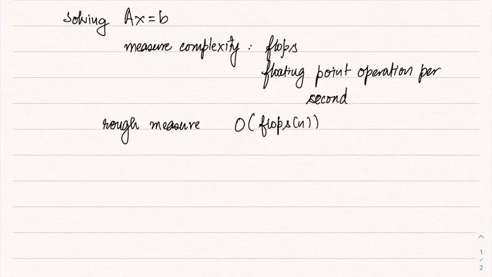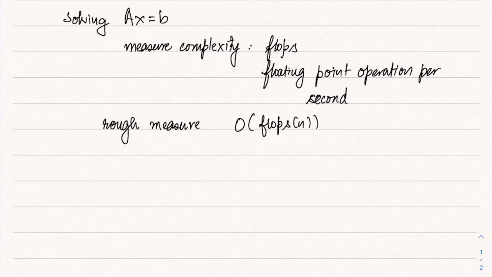Order of flops of n means some constant times flops of n is the floating point operations requirement, and we can compare various algorithms on this basis. By itself, flops is not very useful because it is highly implementation dependent. But if there are multiple algorithms implemented in a similar way, they may have a similar flop count. So this is a flop count.